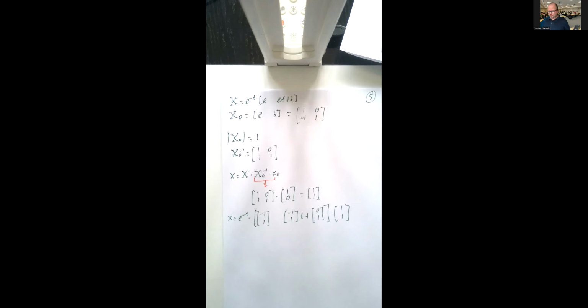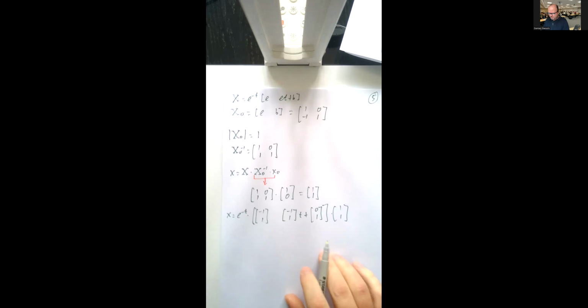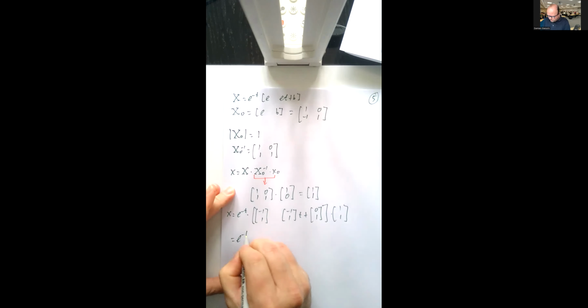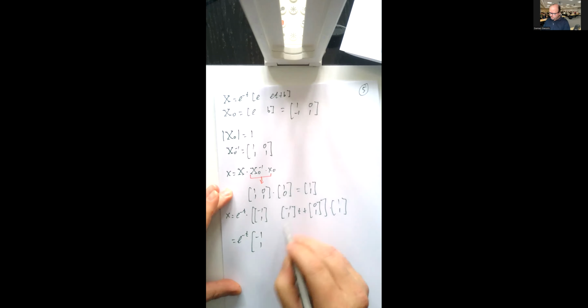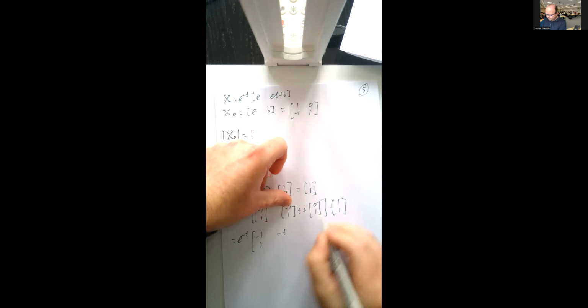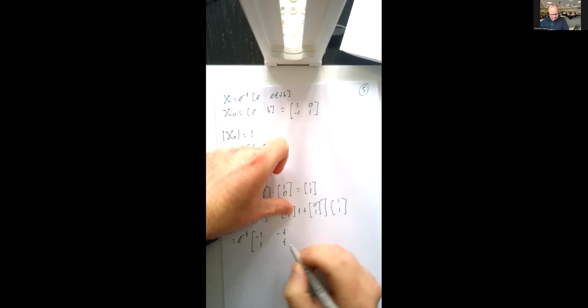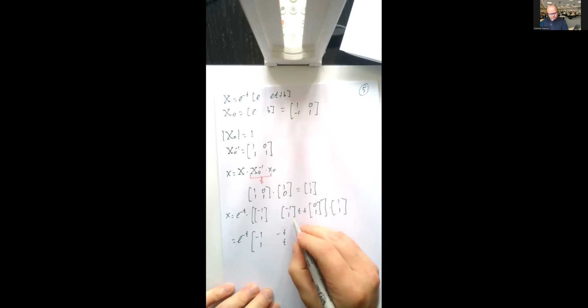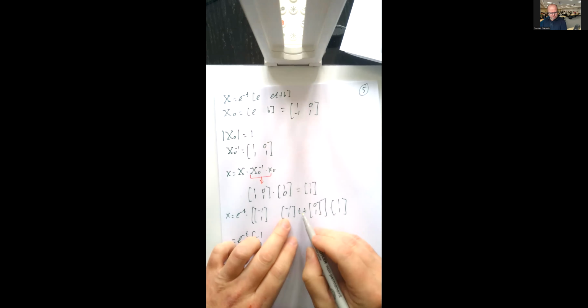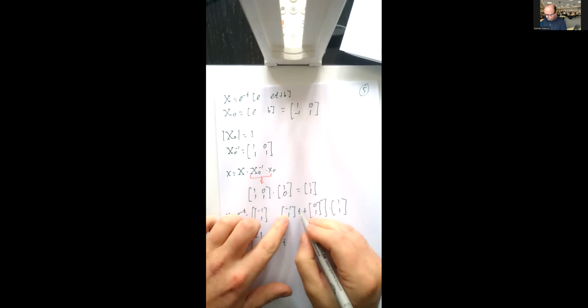Before I do the multiplication here, please allow me to do the maths a little bit. So e to the minus t, it will be minus 1 and 1. This is going to be minus t plus 0. And then this will be t. This will be t plus 1.